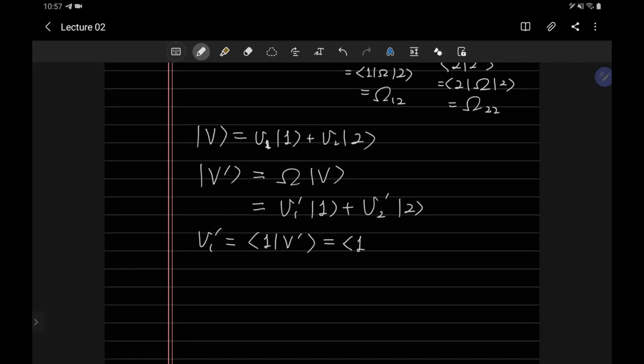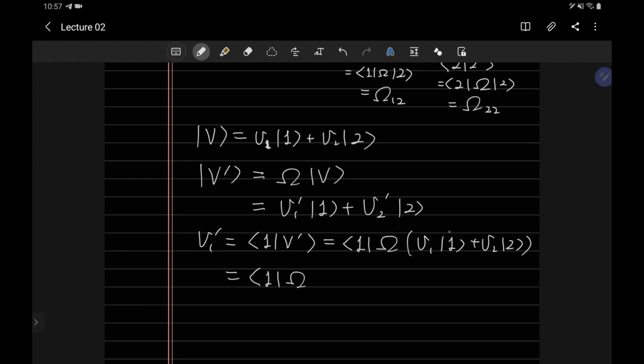So we can immediately say this, and instead of writing v like this, we can replace it with the previous result, which is v sub 1 e 1 plus v sub 2 e 2. And v sub 1 is just a scalar value, so it can go anywhere.